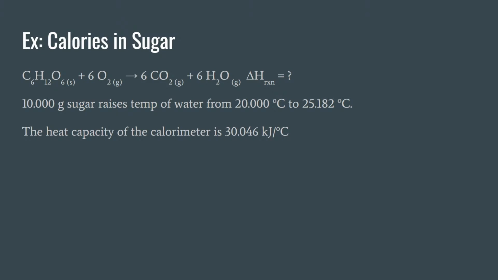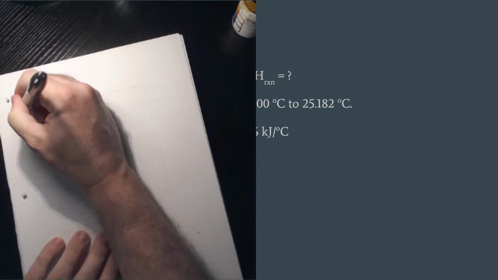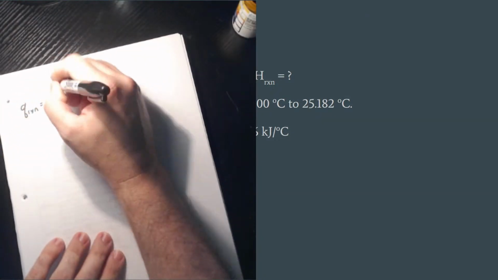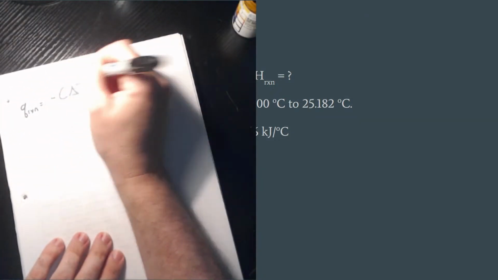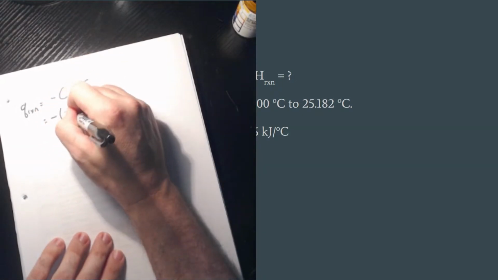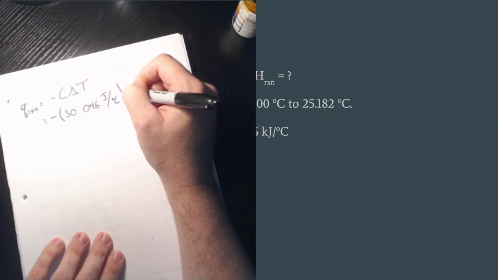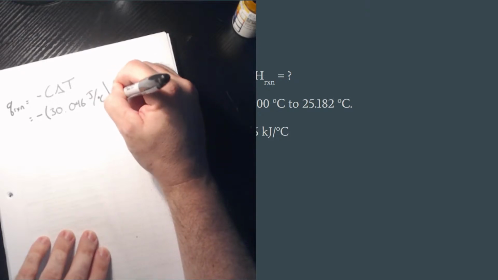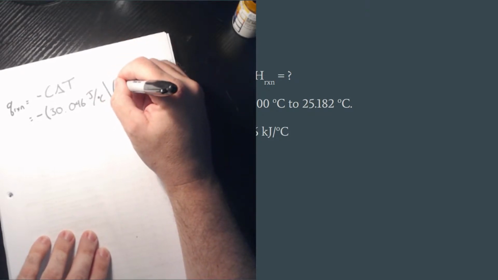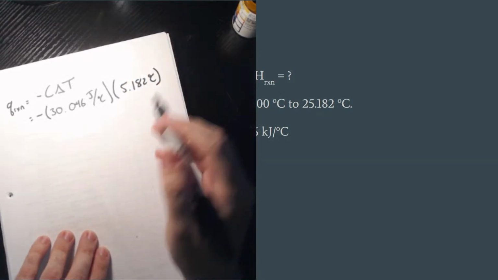All right, so 10 grams of sugar. Q of our reaction is negative C delta T. So it's going to be negative 30.046 joules per degree Celsius times our change in temperature, which went from 20 to 25.182, so our change in temperature is just 5.182 degrees Celsius, final minus initial temperatures.